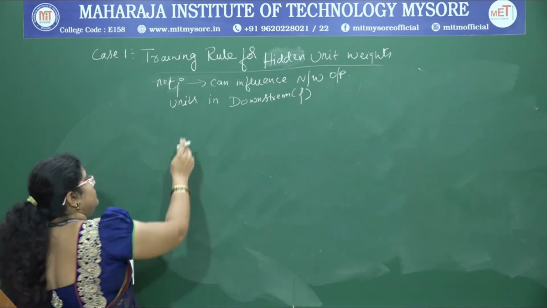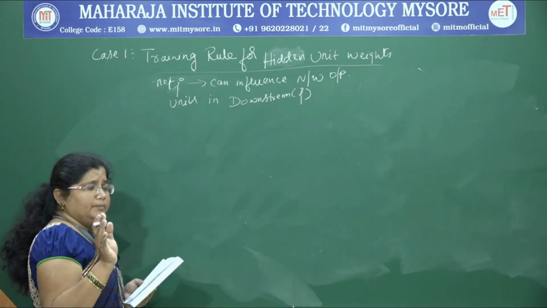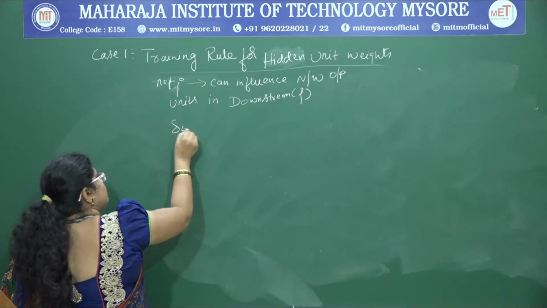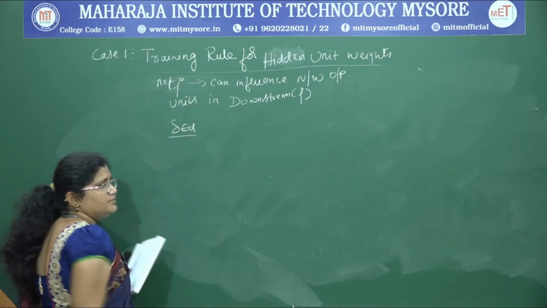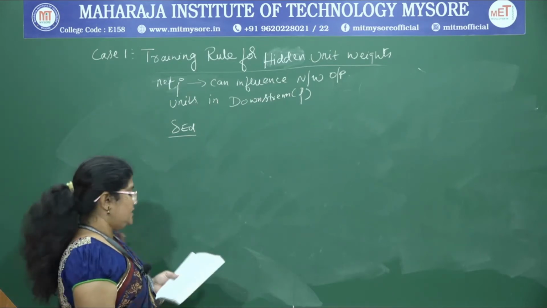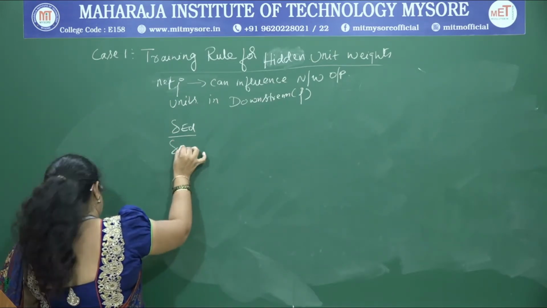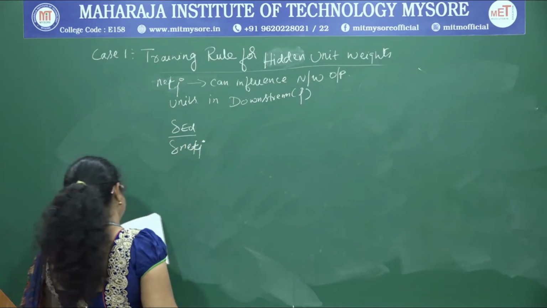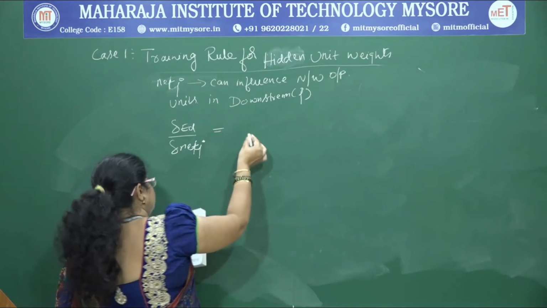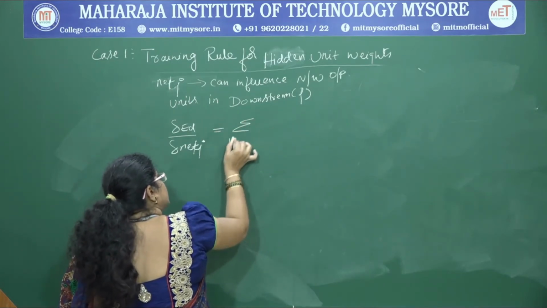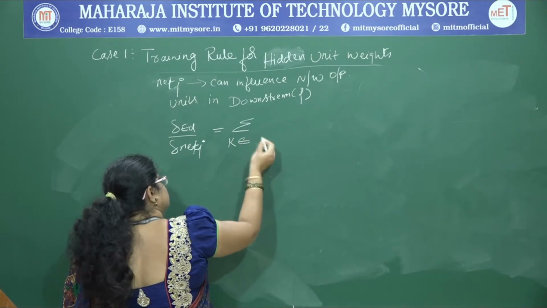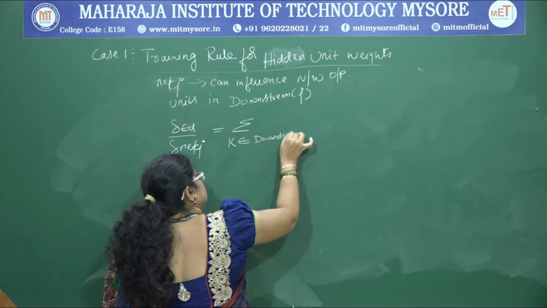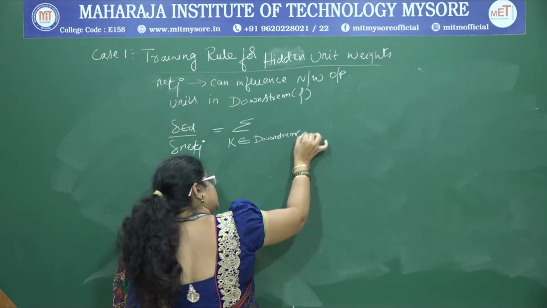Now therefore we can write the partial derivative of delta of Ed, or we can also call it del, a few times it will be pronounced as del or delta. Delta of Ed by delta of net j is equal to summation over k, that belongs to the downstream of j.